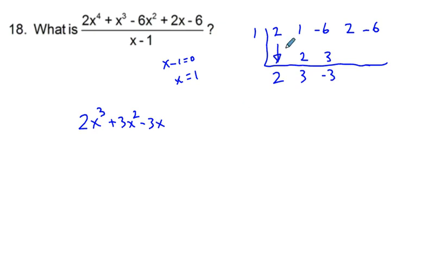And then 1 times negative 3 is negative 3. 2 plus negative 3 is negative 1. So we're going to have minus 1. And finally, 1 times negative 1 is negative 1. We have negative 7. And then we're going to have finally minus 7 over our divisor of x minus 1.